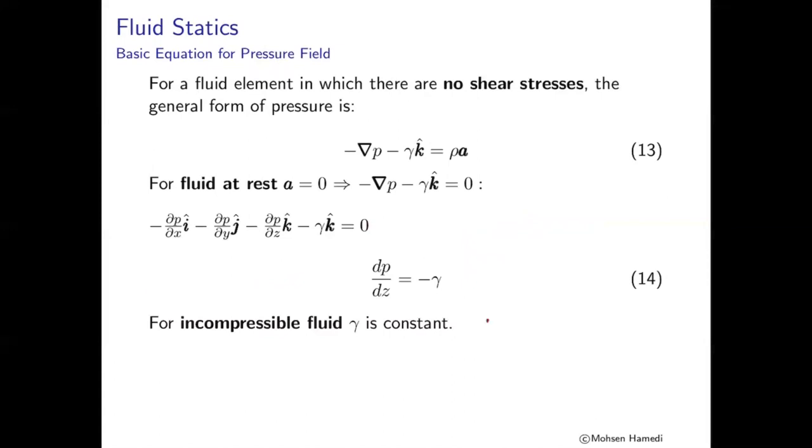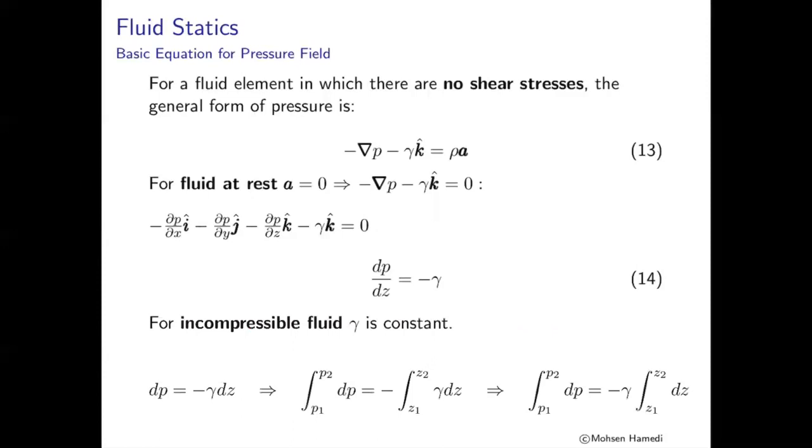We know that gamma, which is the specific weight, is the density of the fluid times the gravity. So for incompressible fluid, gamma will be constant. And here we can move the dz to the right-hand side of the equation. So dp will be equal to minus gamma dz, and we can integrate this equation.